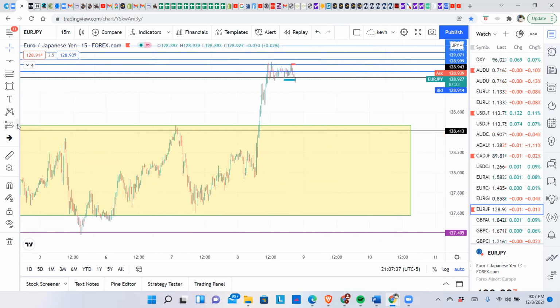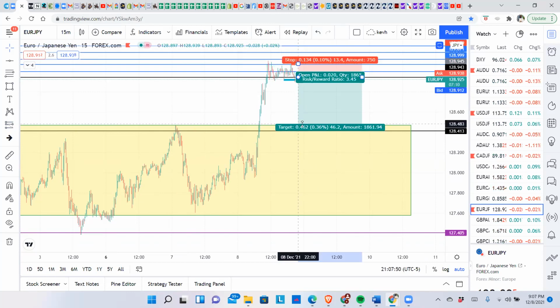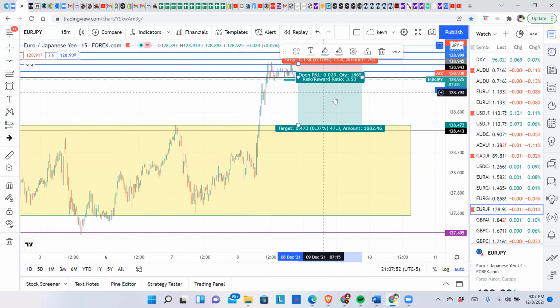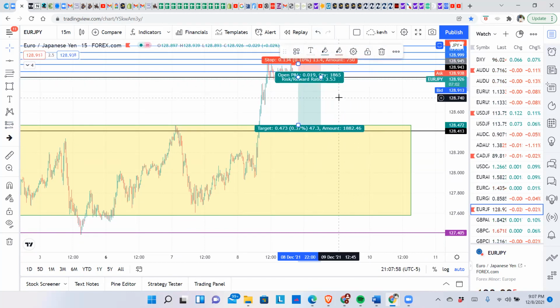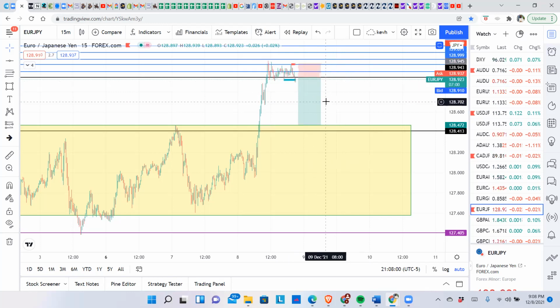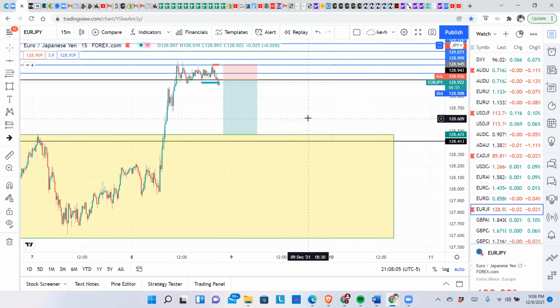But for now, I think it's going to give us a drop. That's a 13 pip stop loss, and that will be a 47 pip TP with a risk to reward ratio of 3.5, right? So it's not that bad. I'll be trying to catch this move.